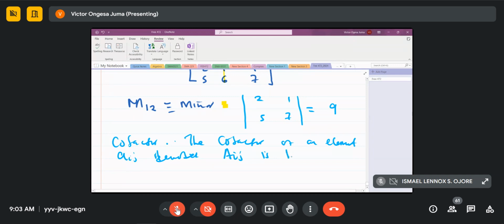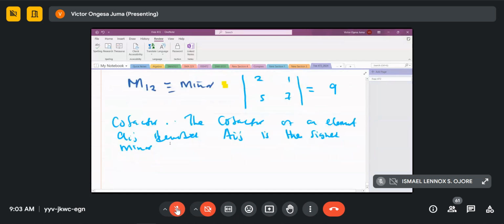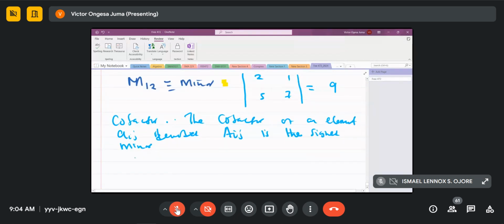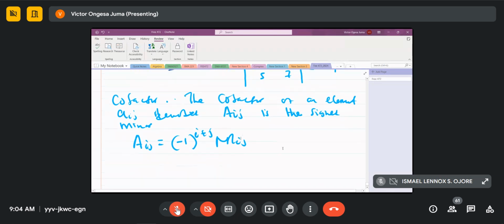It is the signed minor. So if you give a minor a sign, then you call it the cofactor. So basically, cofactor Aij is the same as what? (-1) raised to power i plus j, and then Mij. So you are giving those elements the sign.